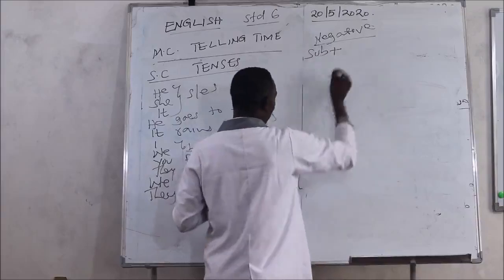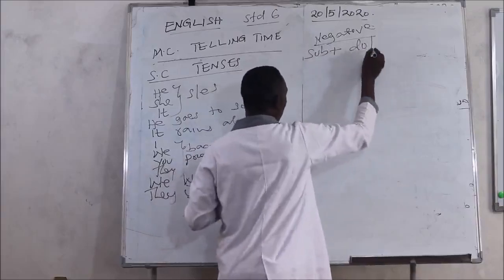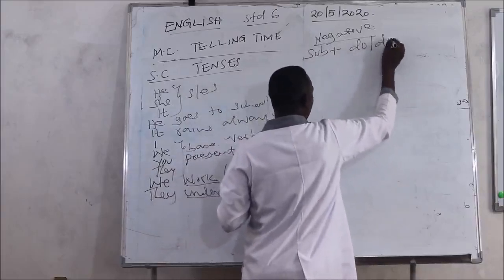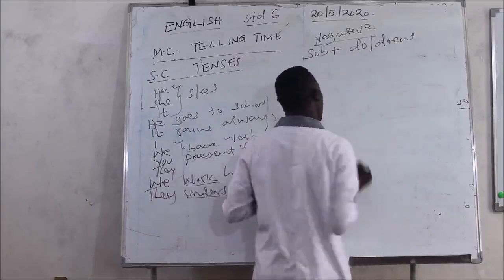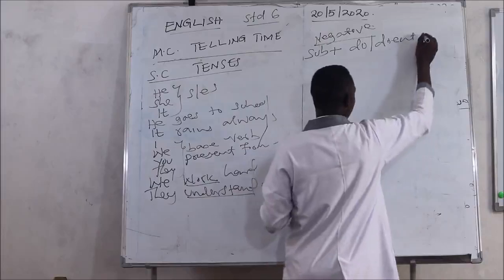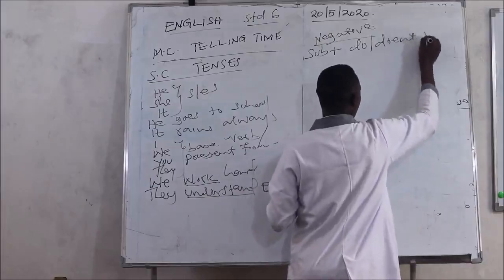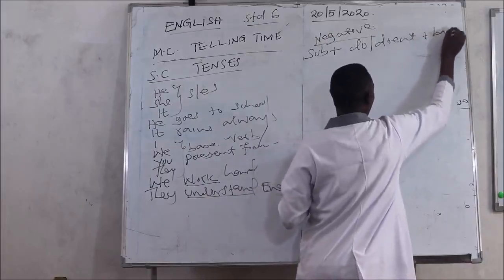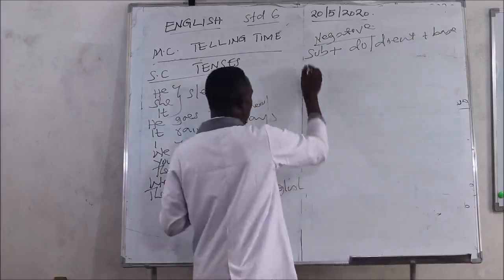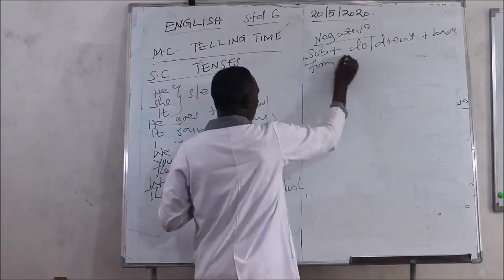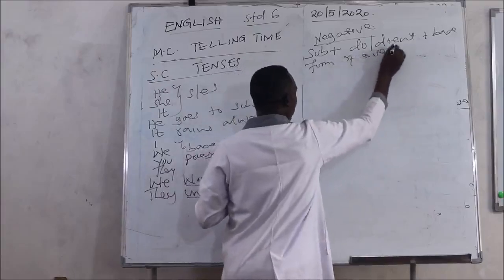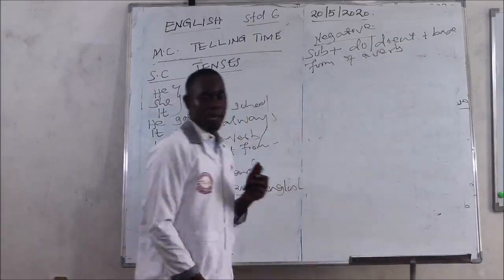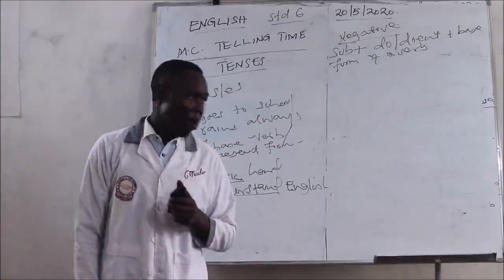Then after using a subject, we use the word do or does. With do we are talking about positive and does it negative. Then we are using the base form or present form of a verb.